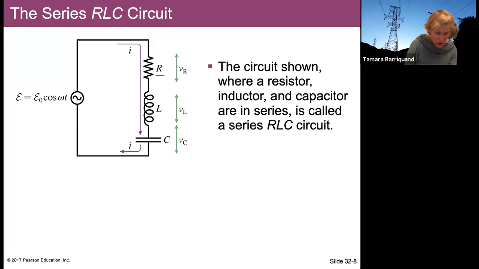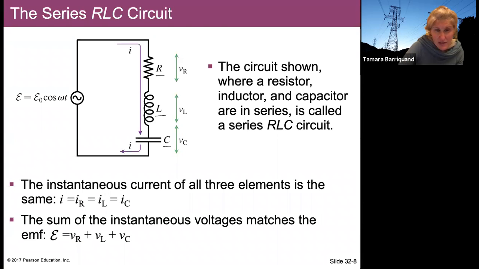So we have R, L, and C all together in series. The instantaneous current of all three elements is the same. So I equals I sub R equals I sub L equals I sub C. And the sum of the instantaneous voltages matches the EMF. So the total EMF equals V sub R plus V sub L plus V sub C.